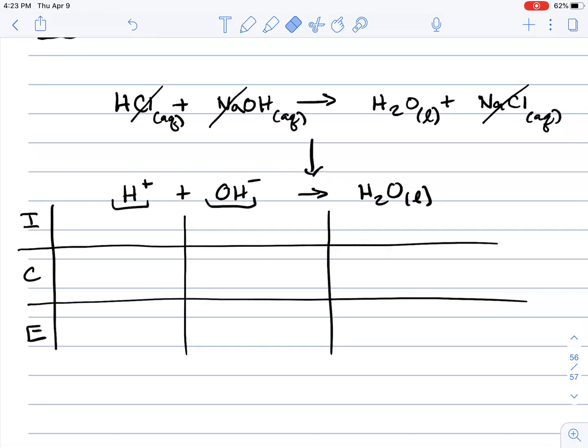Now, very similar to the buffer videos that you guys hopefully have watched, when an acid-base reaction is occurring, you want to describe the change in amount through moles, not molarity. You can do it through molarity, but that means you have to recalculate the new concentration when you add both of those volumes together.